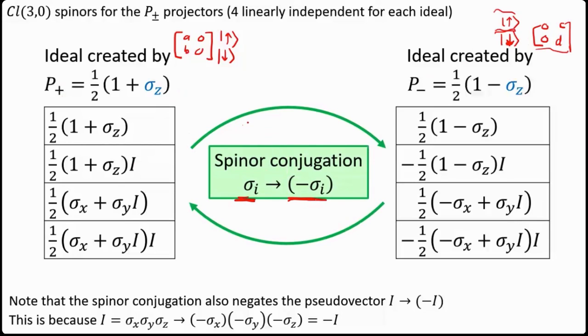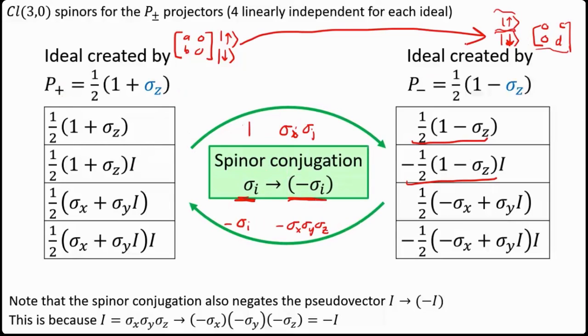You leave even things alone, and odd things change sign. When you flip the signs, that takes you from one ideal to the other. But again, I don't know what this ideal means. I'm going to have to do more research to understand that.